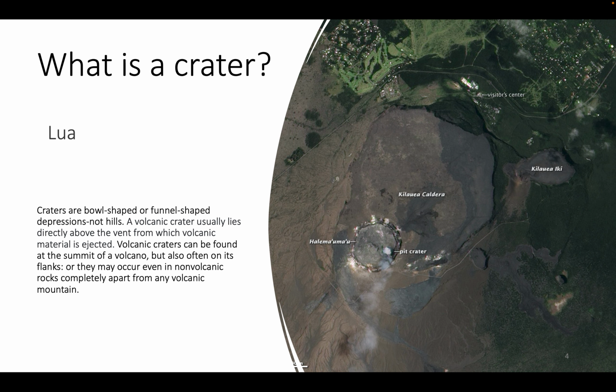If you've ever been to Kilauea, you may have parked here at the visitor center and then driven around to look at the caldera. And again, the craters are found within the caldera. This is where we had the most recent eruption earlier this year.